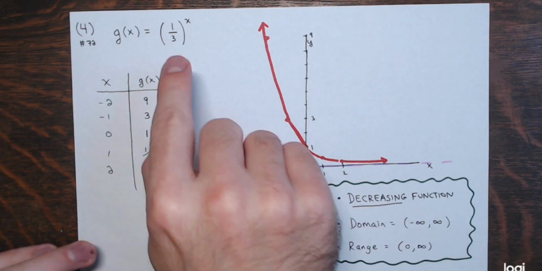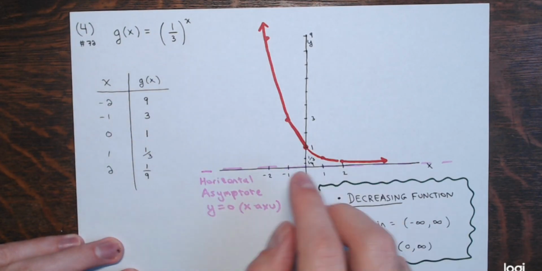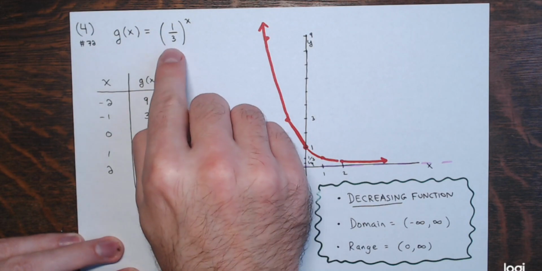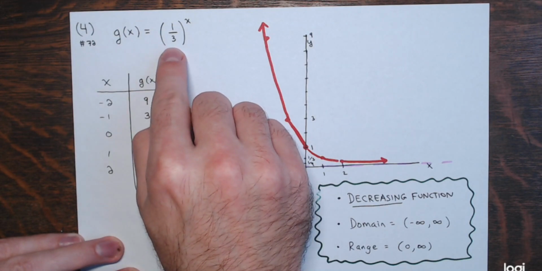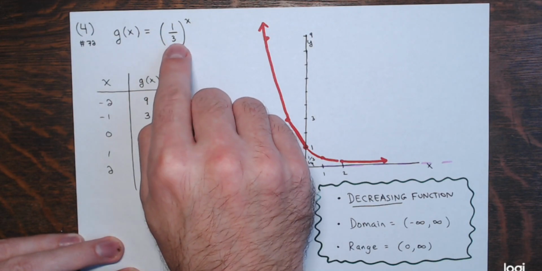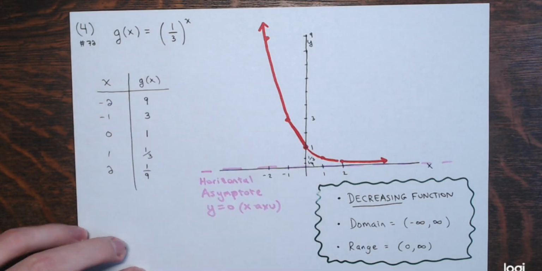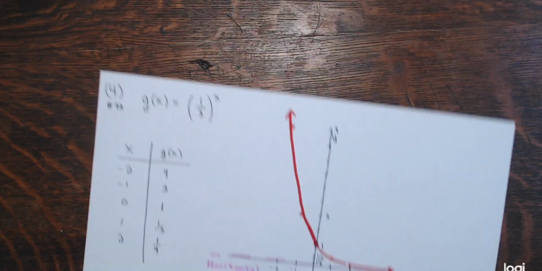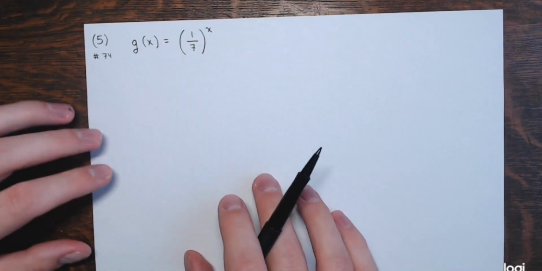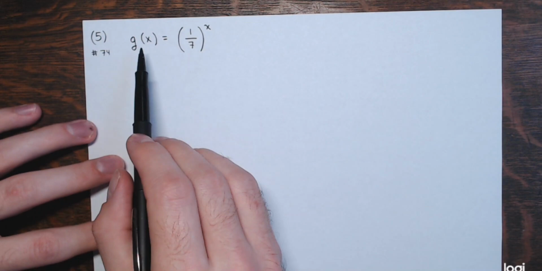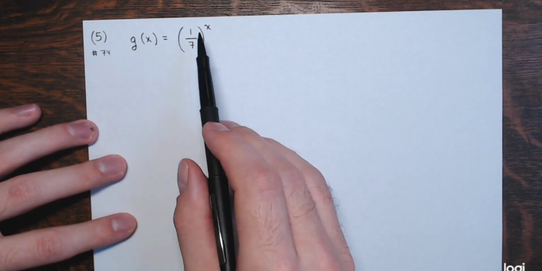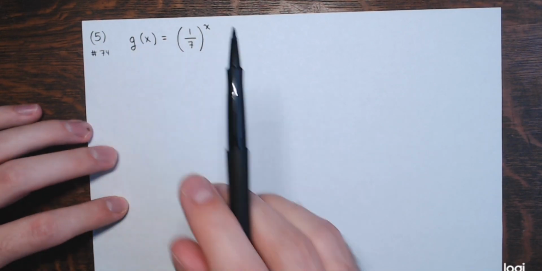So you're going to see that this is basically going to be the shape of any basic exponential function with a number less than 1 to the x power, or between 0 and 1 to the x power, which we'll see again here. Look at number 5. g of x or y equals 1/7 to the x.